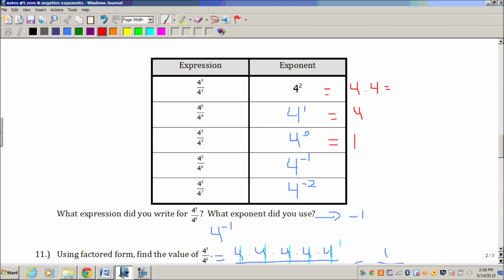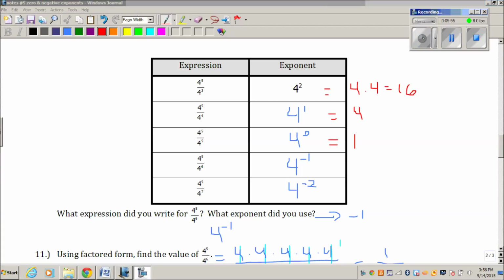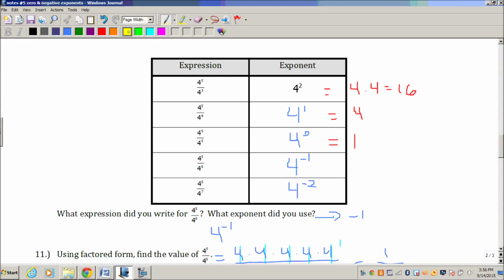As we move down the column, we're dividing by 4. So 16 divided by 4 is 4. 4 divided by 4 is 1. So we would continue this pattern. We're going to divide by 4 again. And you know that a way of writing divided by 4 is by saying 1 divided by 4.